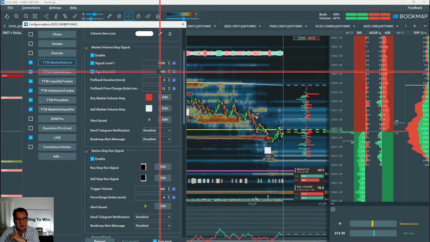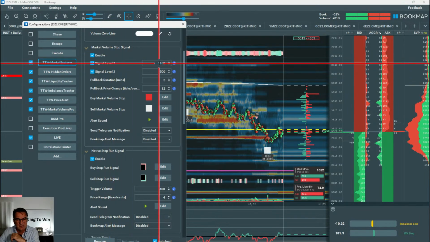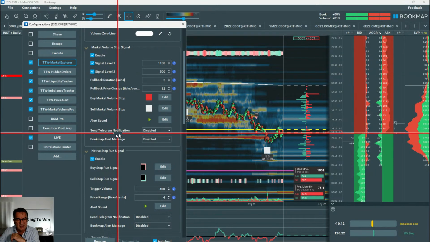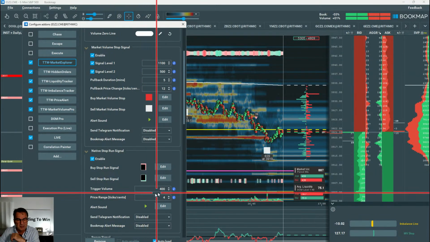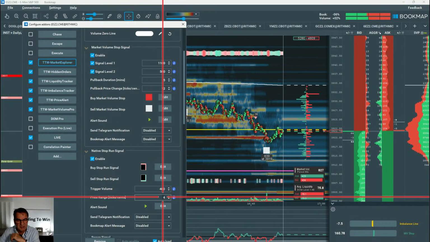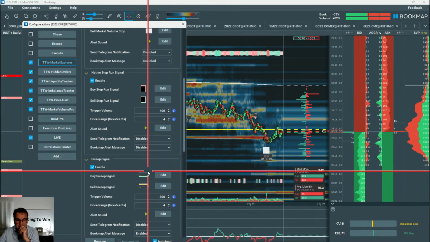Usually I have 1000 and 2000, but today I set it to 1100 and 500, and the native stop run signal is 400 contracts. I want to see 400 contracts trading into at least 4 ticks. That means 1 point in ES.